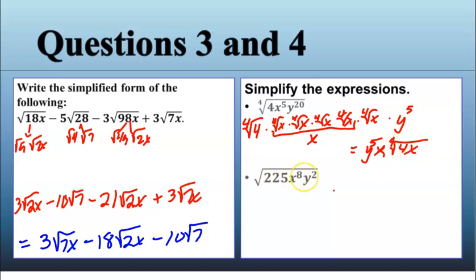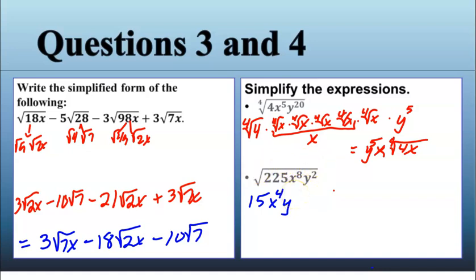The last one here, we have the square root of 225, which is 15. The square root of x to the 8th is x to the 4th, and the square root of y squared would be y. Because the index is 2, this exponent on the y is even, and our answer is odd.